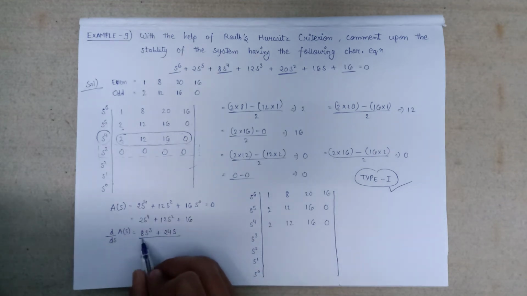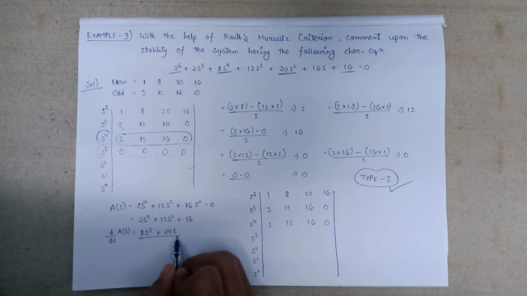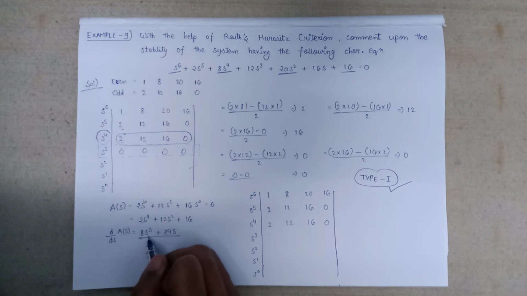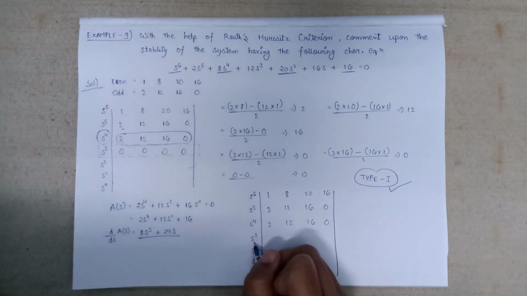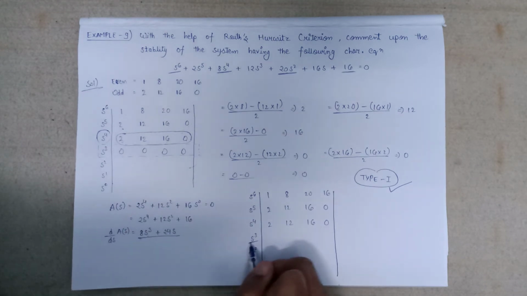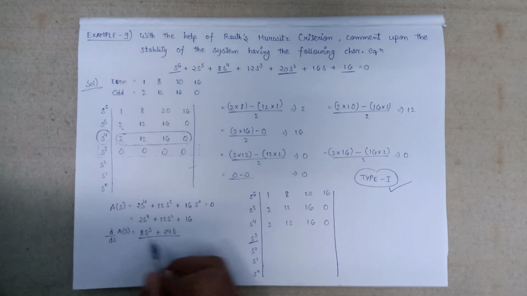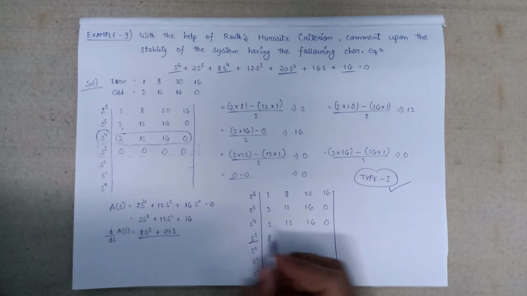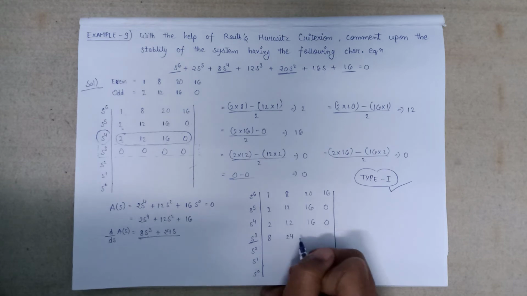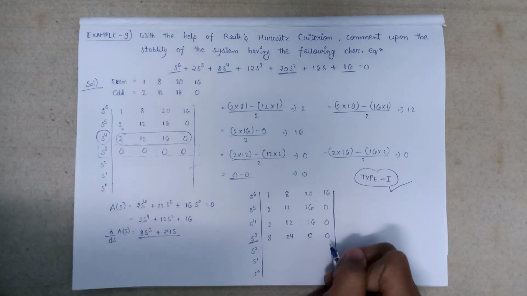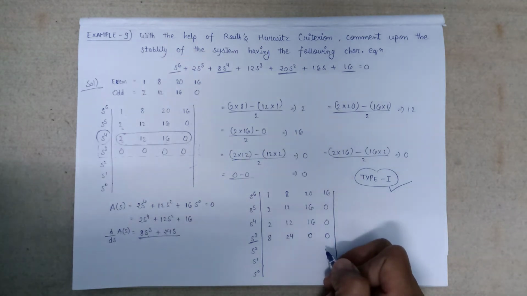After this, based on this equation, that is 8s cube plus 24s, we will write the coefficient here. So the highest power of s is s cube, and here also the highest power of s, which is the all 0 row, is s cube. So we will write the coefficient of s cube here, 8. After that we will write 24 next to 8. Remaining no elements are there, so we will simply put 0 here. So this is our new Routh array.